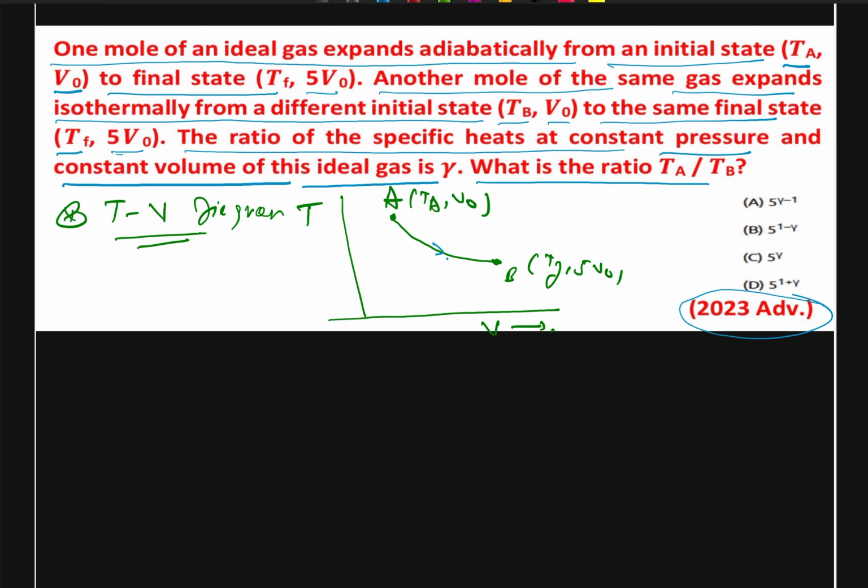Another mole of the same gas expands isothermally from the initial state Tb, V0, so the volume is going to remain the same. This is our V0, so it is going to start from somewhere here, and because it is an isothermal expansion, it expands to this position. So this is our T naught.